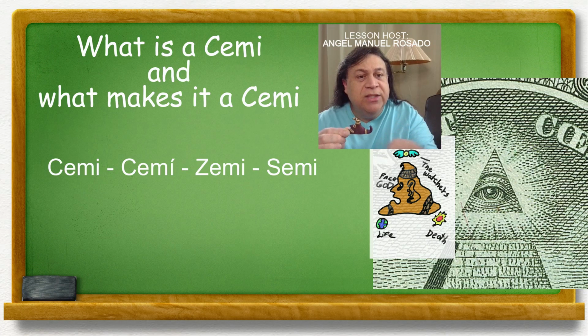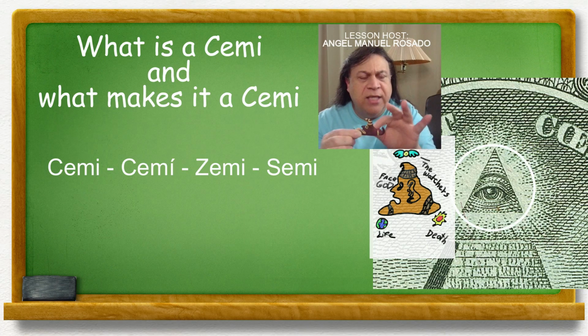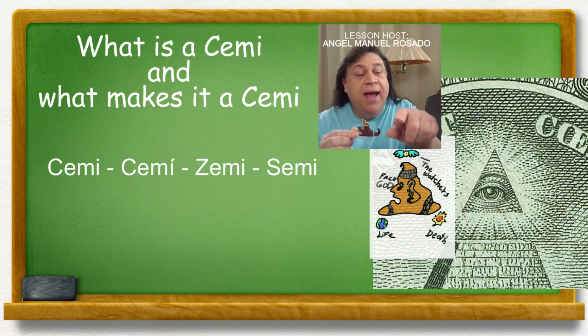There is usually a circle that goes around these figurines and drawings, and the pyramid also has that same circle, because that means the circle of life. This has the symbols of the circle of life and death and the angelics right on the top.